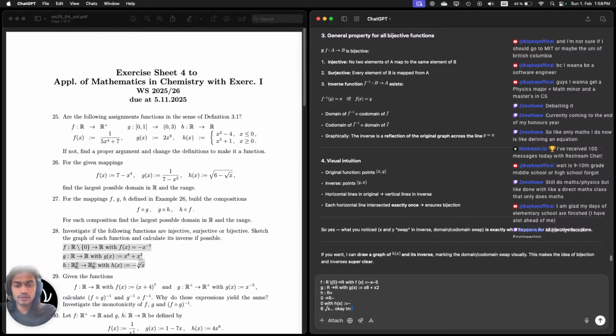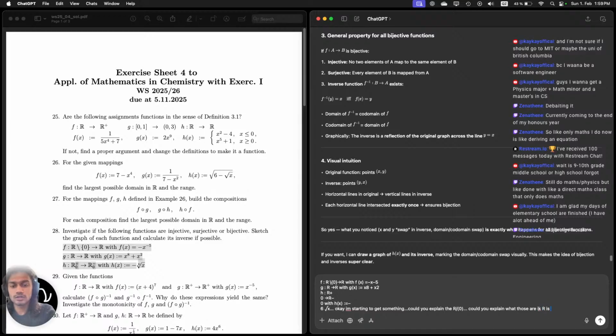Okay, I'm starting to get some stuff. Could you explain the R slash 0, what those are?